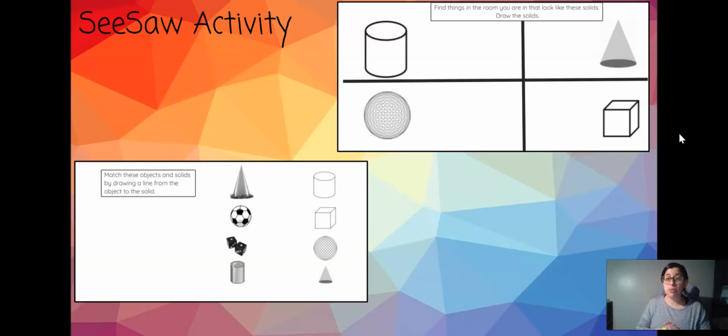So today we learned about cylinders, cones, cubes, and spheres. Today in Seesaw, you're going to continue this work by matching the shapes and the objects, as well as drawing some of your own objects that match the solid shape.